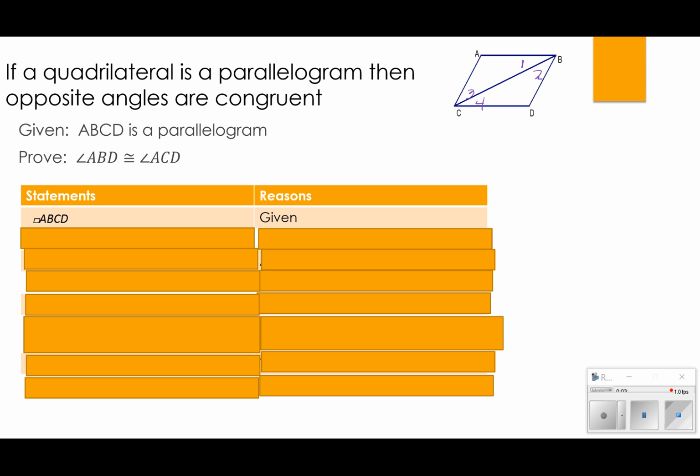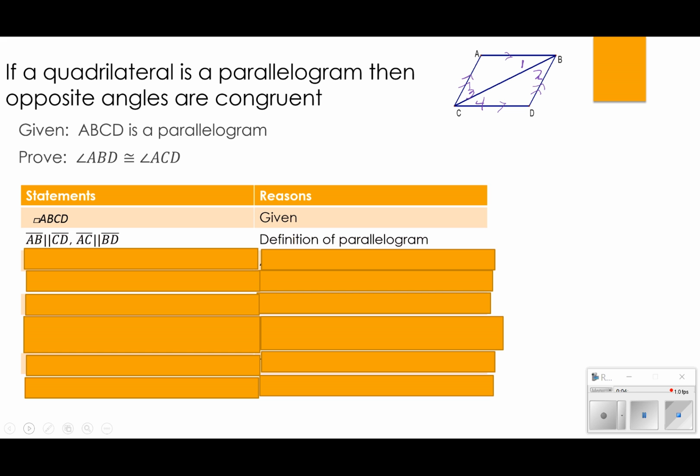So I'm going to start with my given. I've got a parallelogram ABCD, and since it's a parallelogram, I know that AB is parallel to CD, and I know that AC is parallel to BD. So I know that those things are true. And that is by the definition of a parallelogram.